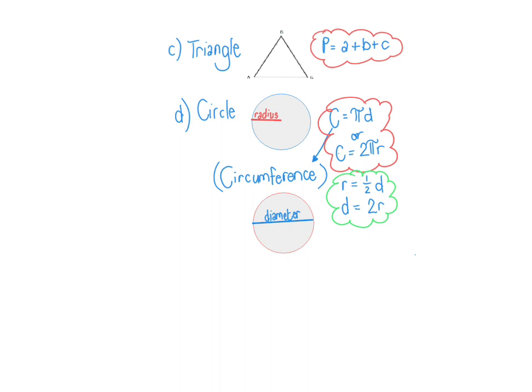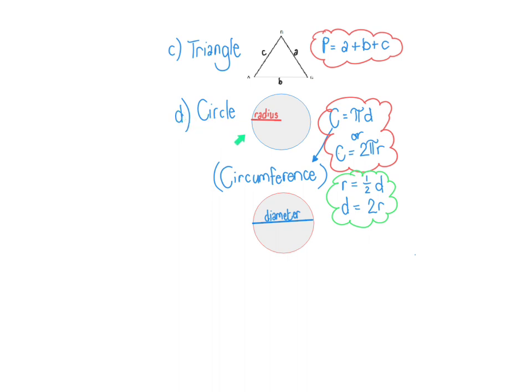Then this is vertex B, then opposite it will be the side named b, lowercase letter b. And then we've got this vertex here, C, so opposite it we will have the side labeled c. So that's literally a and b and c, all the side measurements added together, whatever they may be.